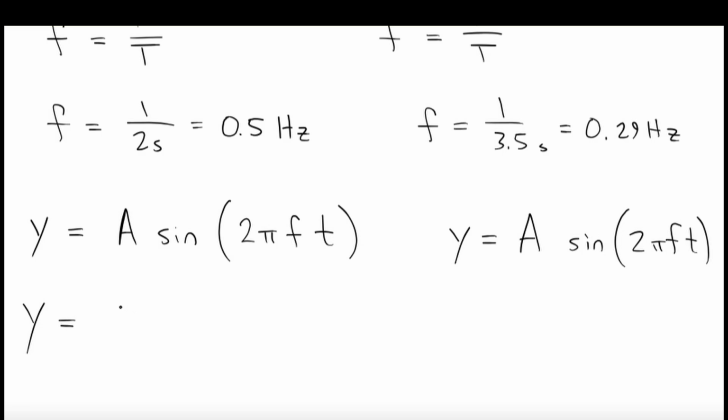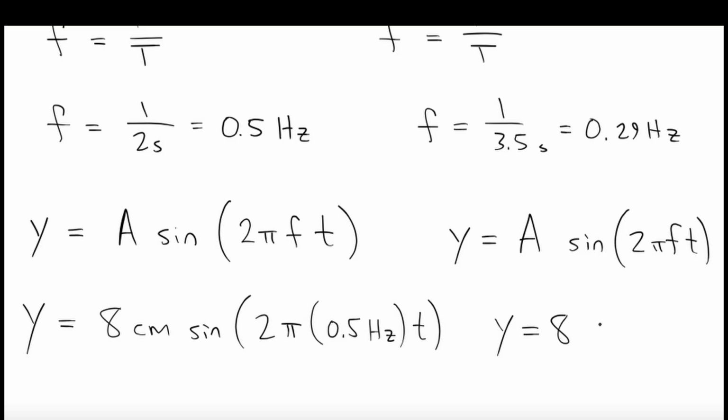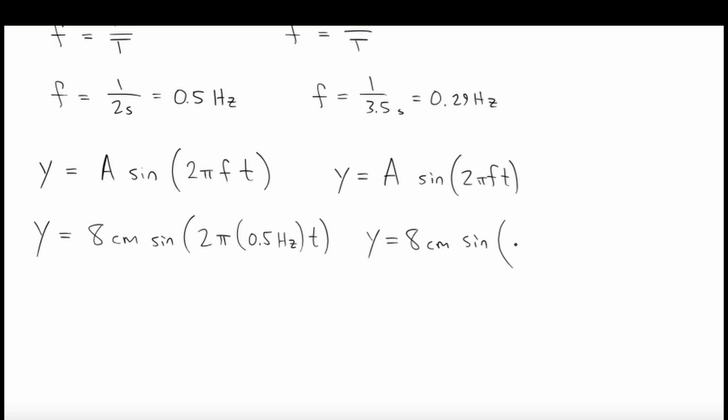So let's put in our amplitude, which is going to be 8 centimeters. Put in your frequency, 0.5, and then your letter t. The other one will also have an 8 centimeter amplitude. And we'll put in its frequency. And they can now be plotted in Desmos.